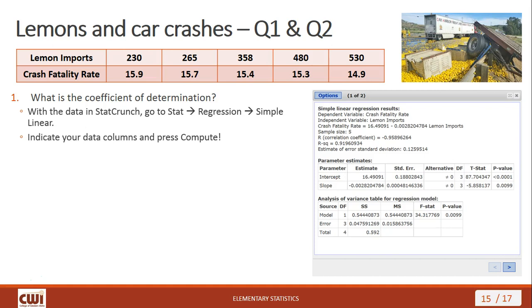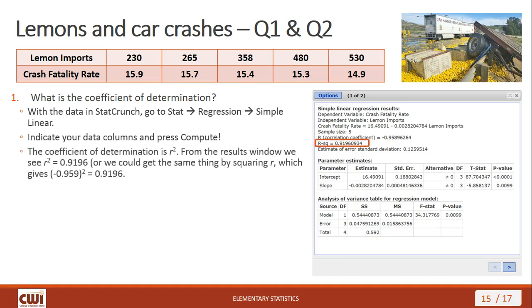You can either take the R value and square it, or you can just look at the line below and see your R squared, it's already squared for you. So you can just take that right off the results window. If you want to double check, you can always take your R value and square it, but you'll get the same number.